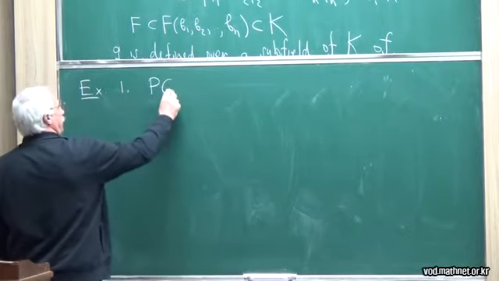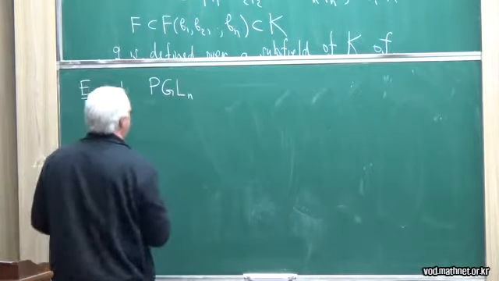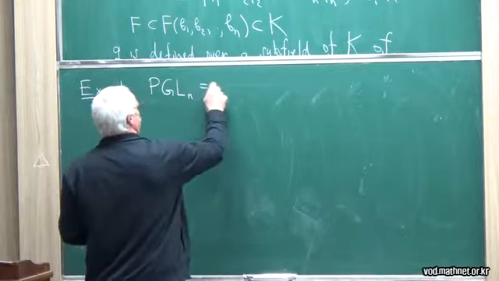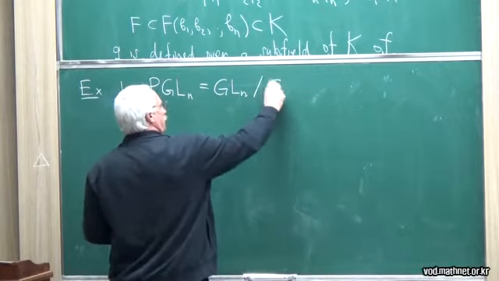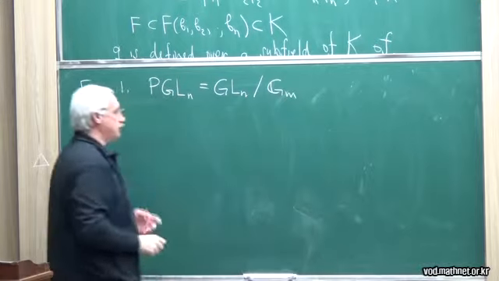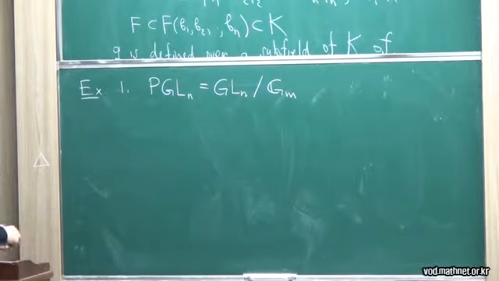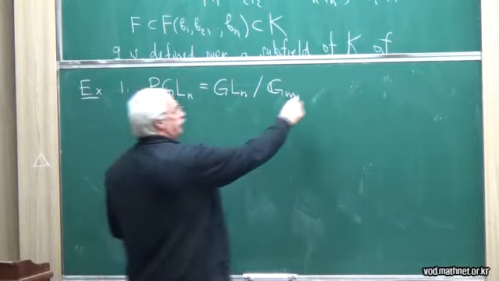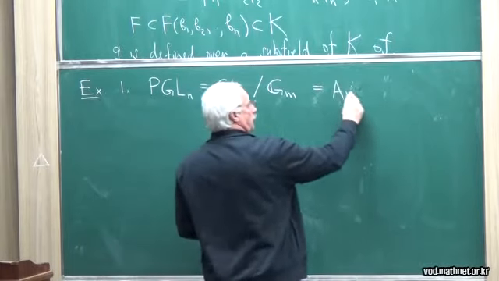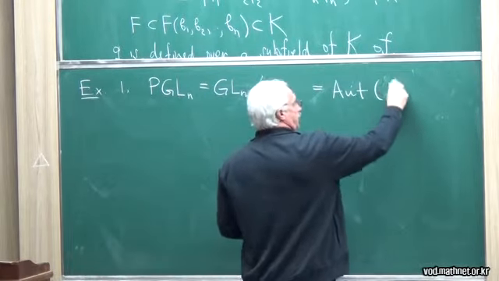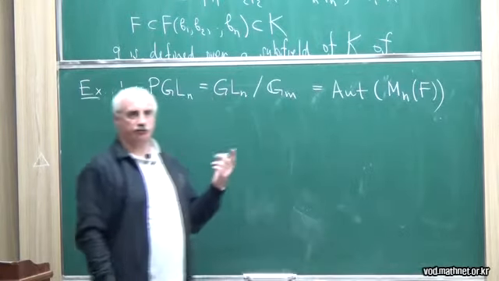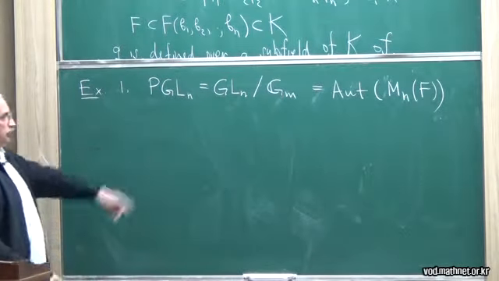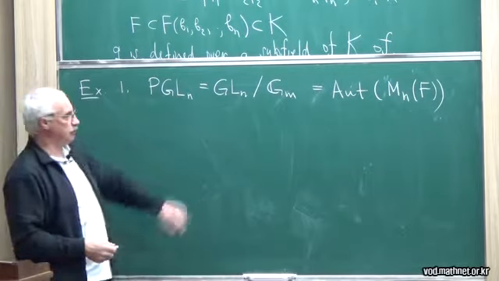First, PGL_n. Well, it's the projective general linear group, modulo the center, the subgroup of scalar matrices. It is the automorphism group of the matrix algebra. Every automorphism of the matrix algebra is given by conjugation by an invertible matrix.